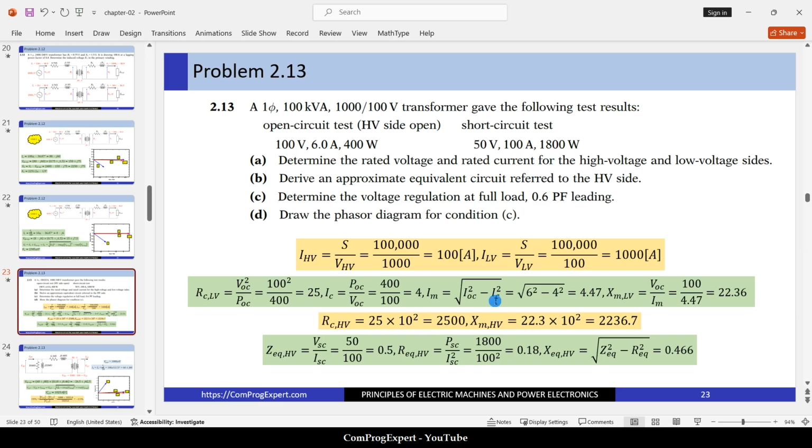If you replace the numbers, the power loss in the short circuit test, 1800 watts, divided by the short circuit current to the power 2, is equal to 0.18 ohm. And finally, we can calculate the equivalent leakage reactance.